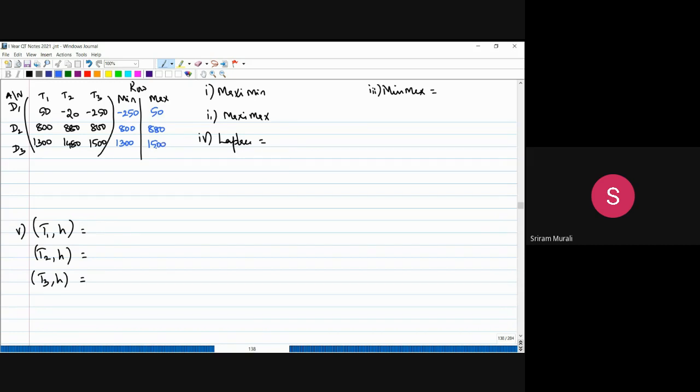In the minimum, so first find the minimum. In the minimum, what is the maximum? 1300, sir. So first go to minimum, then maximum. This is equal to 1300. Where does it occur? 1300 occurs in T1, D1.